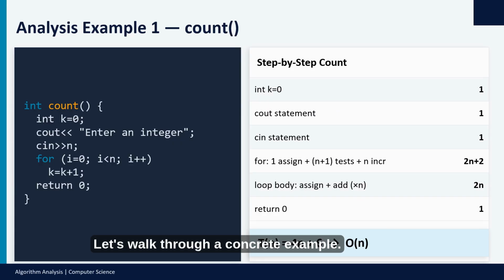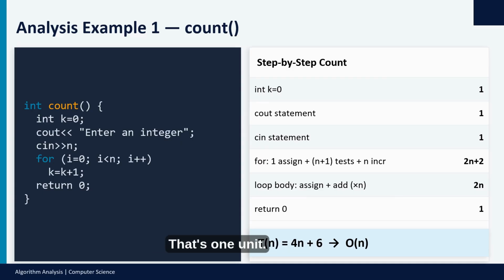Let's walk through a concrete example. Consider the count function. It initializes k to 0, that's 1 unit. It outputs a prompt, 1 unit. It reads n from input, 1 unit. The for loop contributes 1 assignment for initialization, n plus 1 comparisons for the test, and n increments, a total of 2n plus 2 units.